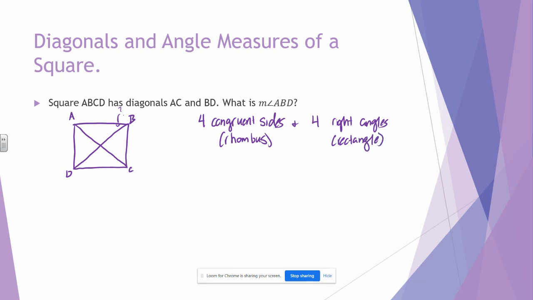So, since it is a rhombus and a rectangle, all of the properties that we just learned apply. So let's draw in, we've got here, here, here, here, right angles. All these are the same. Specifically, one that we care about right now is that rhombuses, the diagonals, bisect opposite angles.